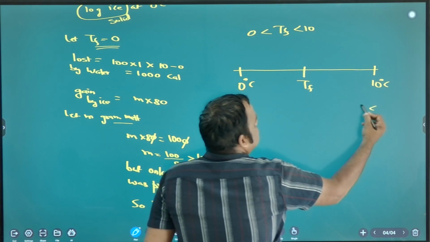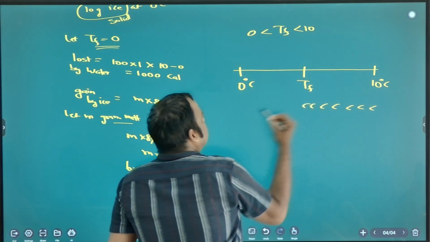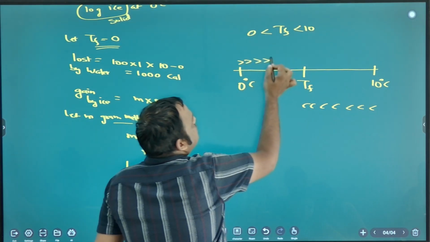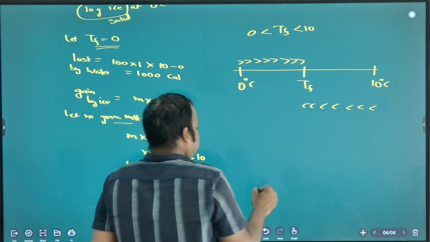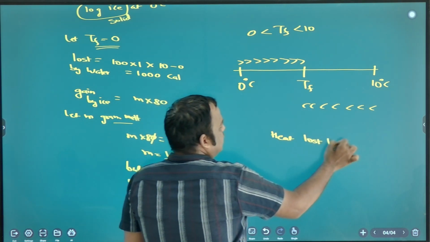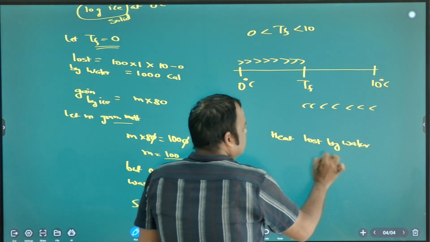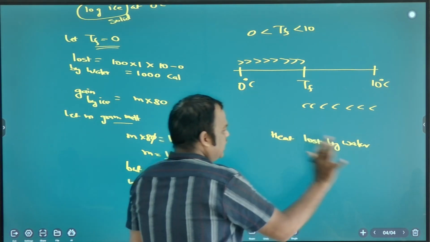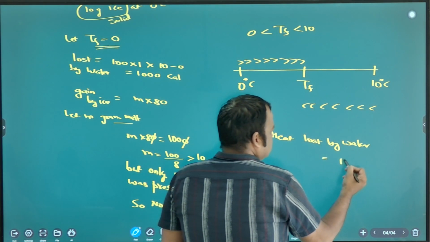So water is going from 10 to T final. Ice is going from 0 to T final. So what is the heat lost by water? Tell me the magnitude. What is ms delta T?